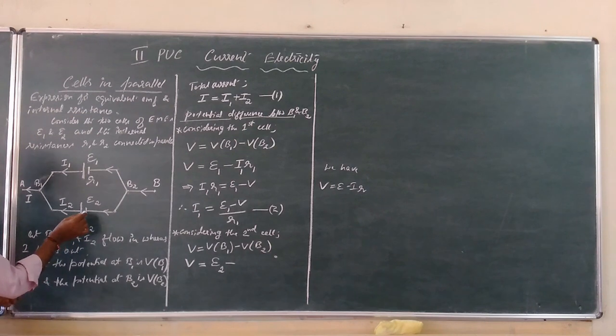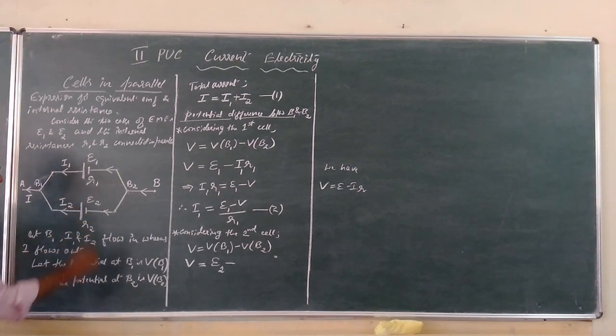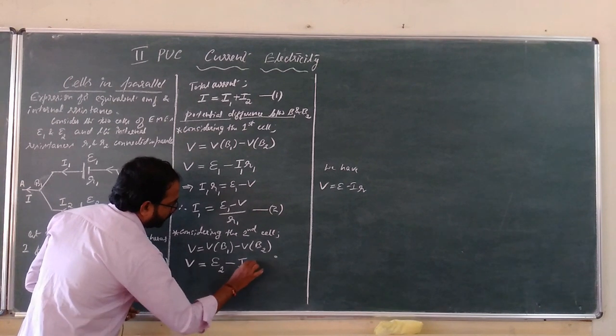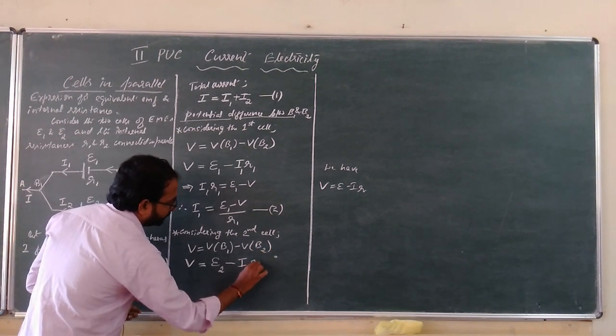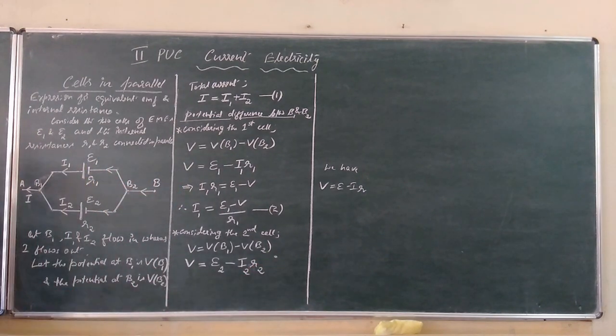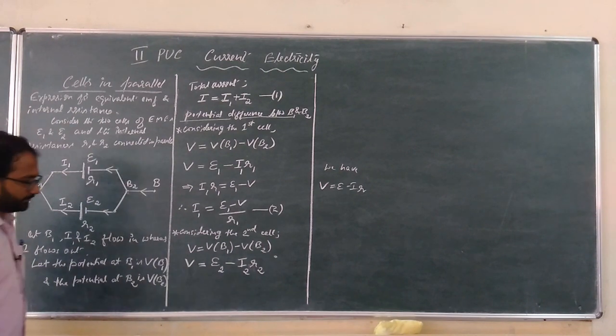Therefore plus E2 minus I2 R2. Current is flowing from lower potential to higher potential. I2 is the current flowing, R2 is the internal resistance. I2 R2 is the potential drop across the internal resistance of the second cell, which is called lost volt.